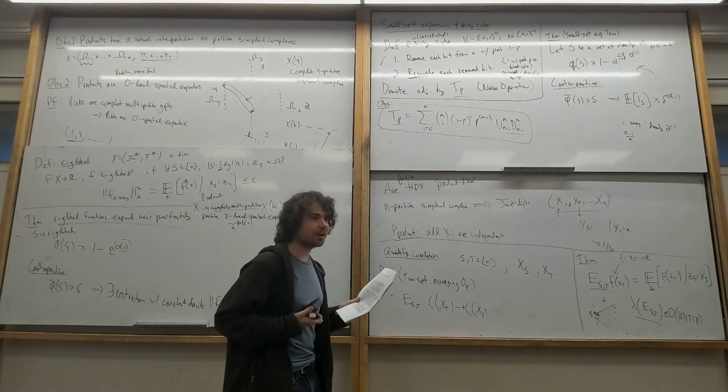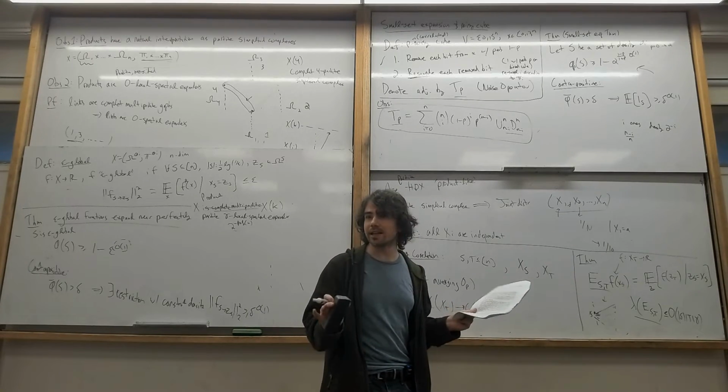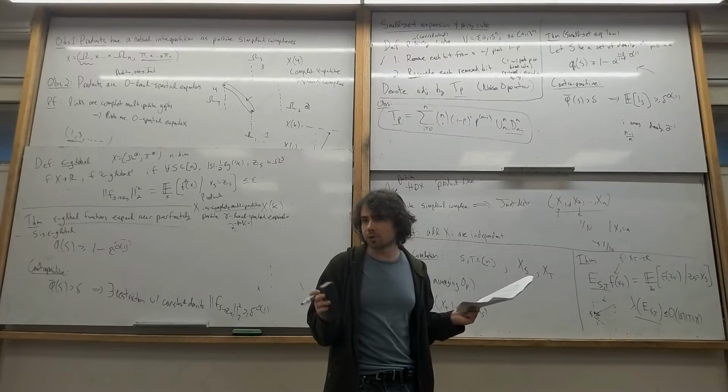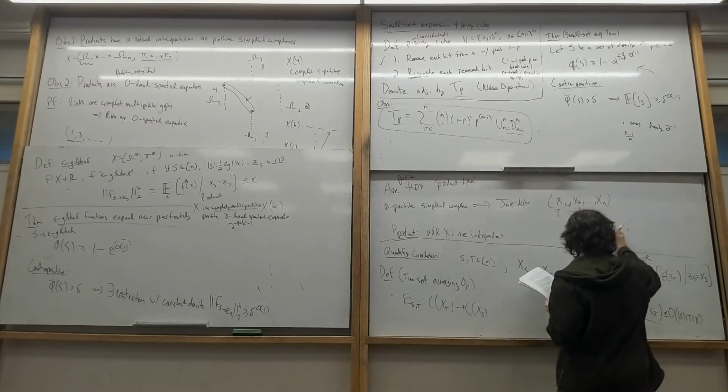Let me finish this part by being slightly more concrete about what I mean by decorrelating, just so we can see what this is letting us do and why this is going to be really helpful for proving this type of theorem.